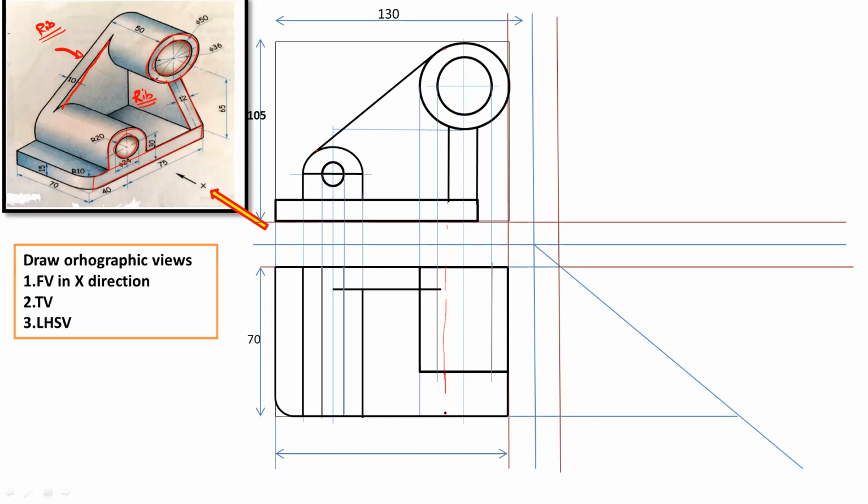So you will get two straight lines. And this line or this portion of that rib, it will be hidden in the top view. Okay.